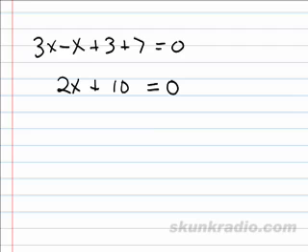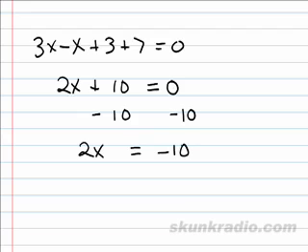Now I want to get rid of the 10 over here on the left side, so I'm going to subtract 10 from the left side, and whatever I do to one side of the equation, I have to do the exact same thing to the other, so subtract 10 from the other side. This is going to leave me on the left with 2x equals 0 minus 10, which is minus 10.